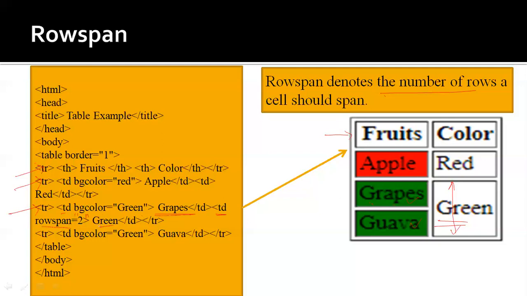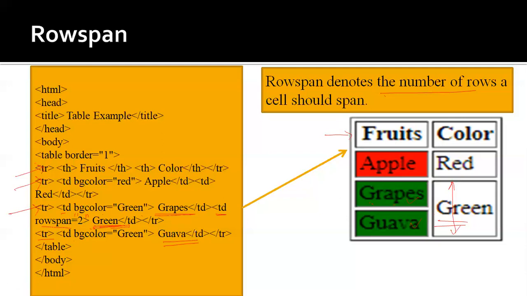It means green data will occupy the space of two rows. Then in the next row, I can add only single data TD BG color green as guava.